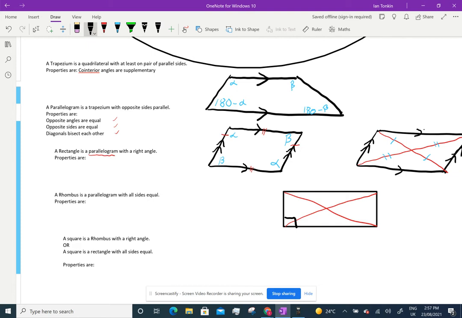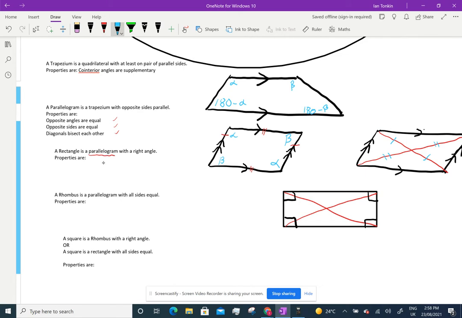Oh, but why don't you have to do all the others? Because opposite angles are equal, so that's going to be 90. These two angles add up to 180, so that's going to be 90, and that's going to be 90. Only state in your definition the bare minimum. You don't need to state everything.